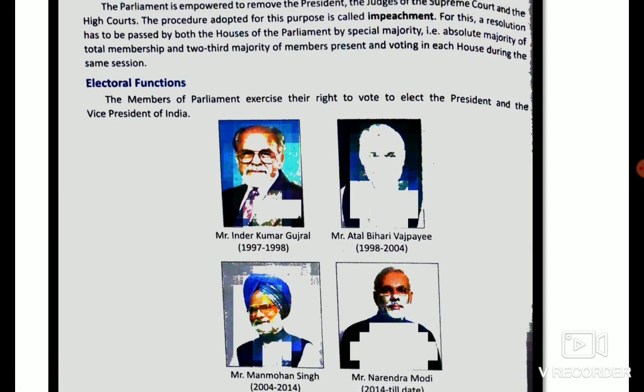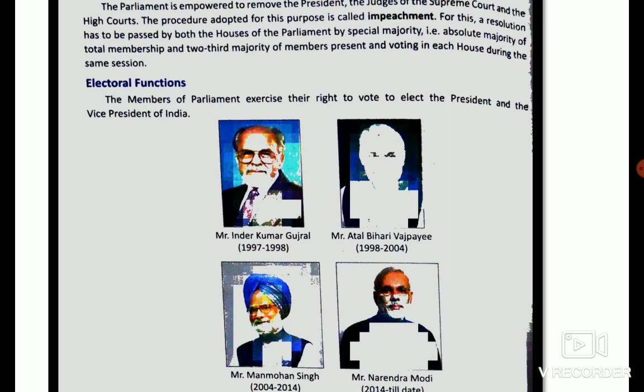Here you can see some pictures of Prime Ministers of our country. So children, you should know who the first Prime Minister of India is, and till date how many Prime Ministers have been made.